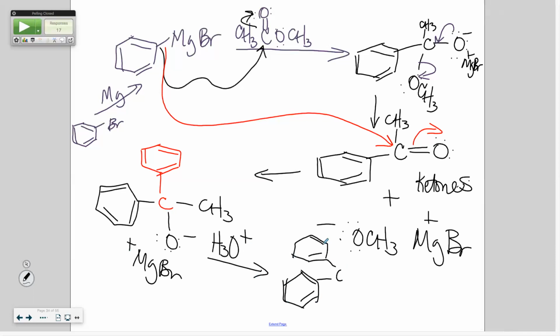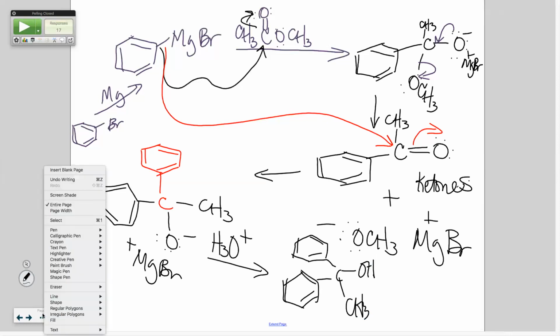My poor little benzene ring was looking kind of sad there. I blame the pen. Okay, so look what we did. We made a tertiary alcohol, but notice that two of the R groups on that tertiary alcohol came from the Grignard.